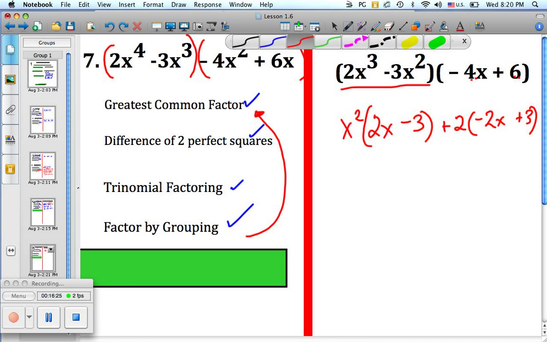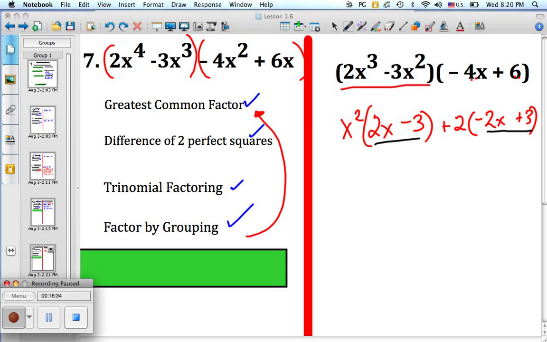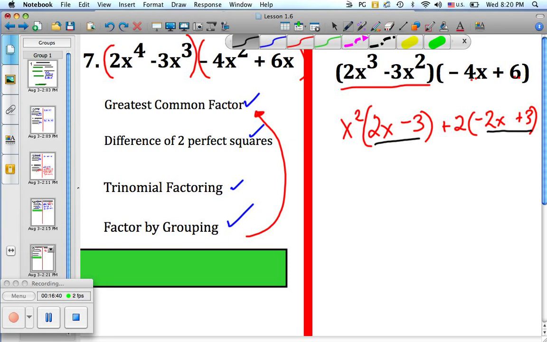If I look at this, these almost look exact. They almost look alike, and I want them to look exactly alike so I can do yet one more round of greatest common factors. So I'm going to change this here. I'm going to make this x squared times 2x minus 3.